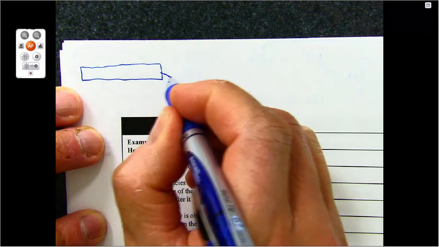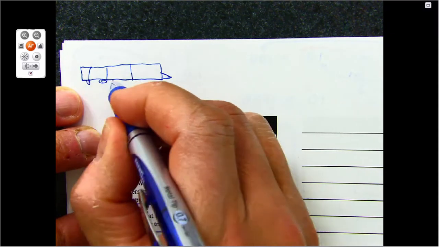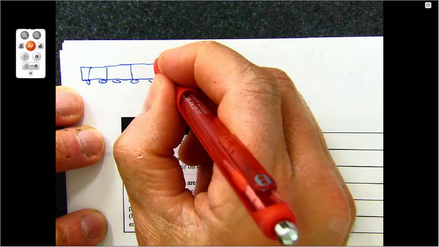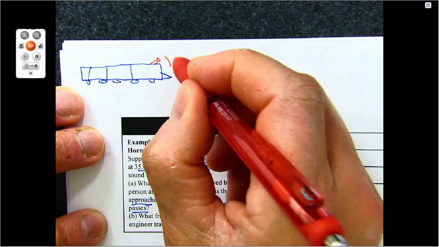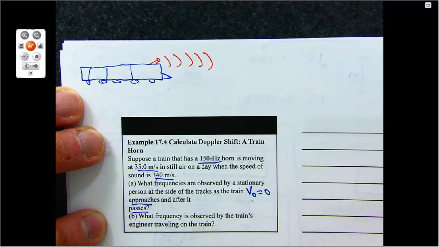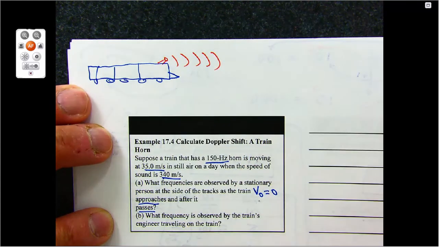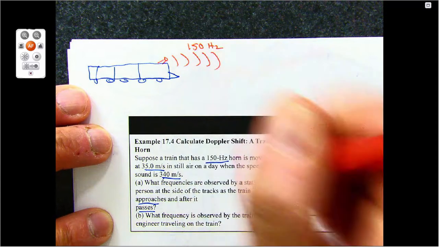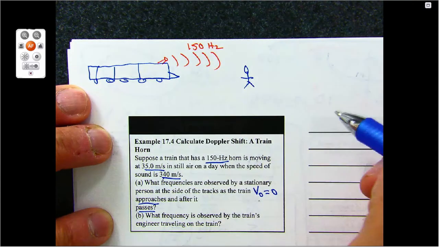Here's my train. I better put some boxes in my train, put some wheels on my train. It's a nice looking train. 150 hertz, right? Stationary observer.